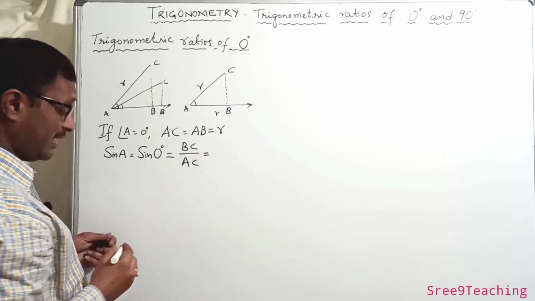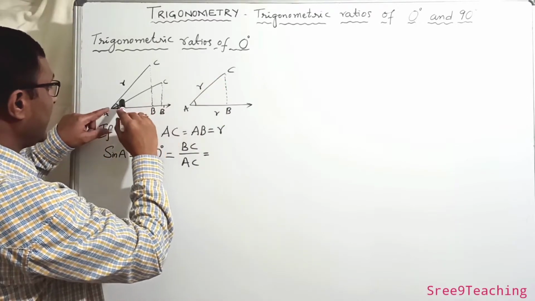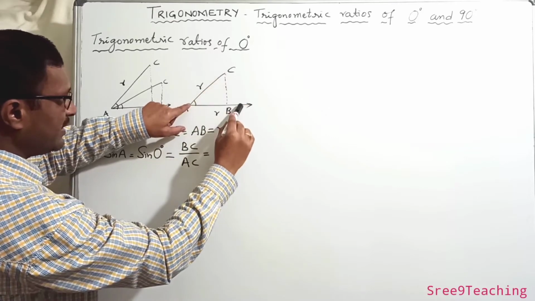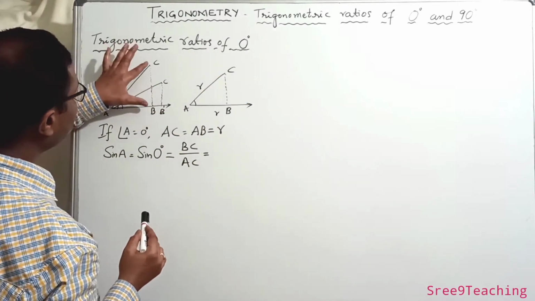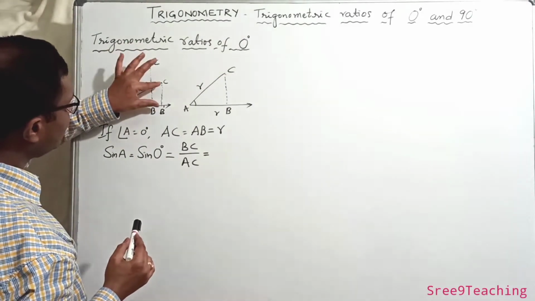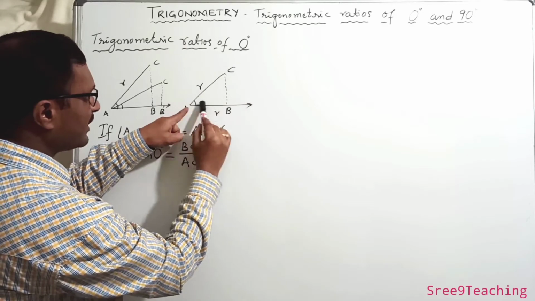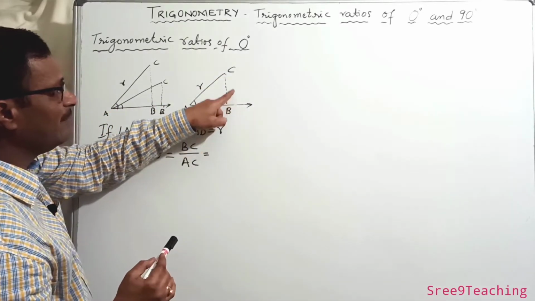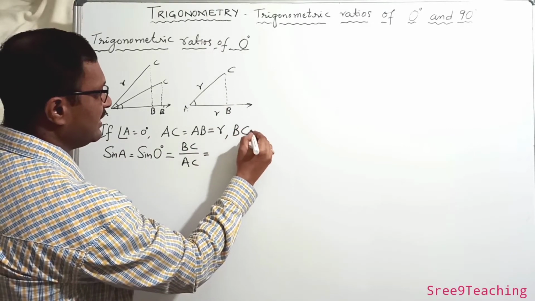Here you have to understand that when the angle is 0, the AC coincides with the ray AB. The height BC decreases, and when it coincides with AB, C comes here and there will be no BC, hence BC becomes 0.